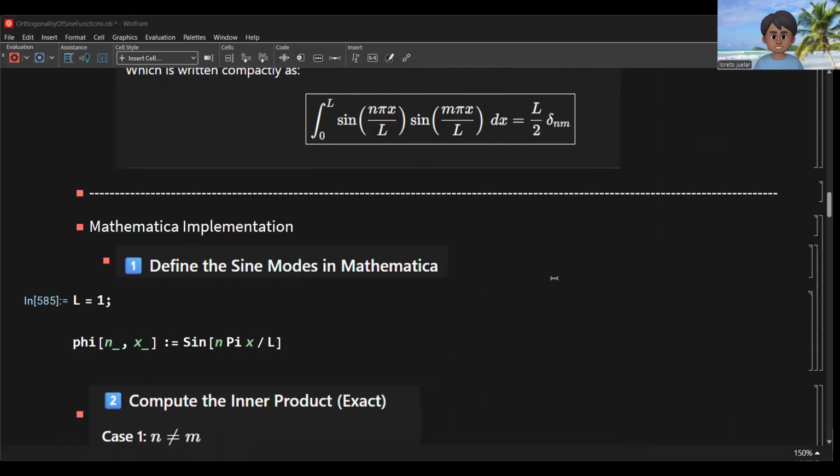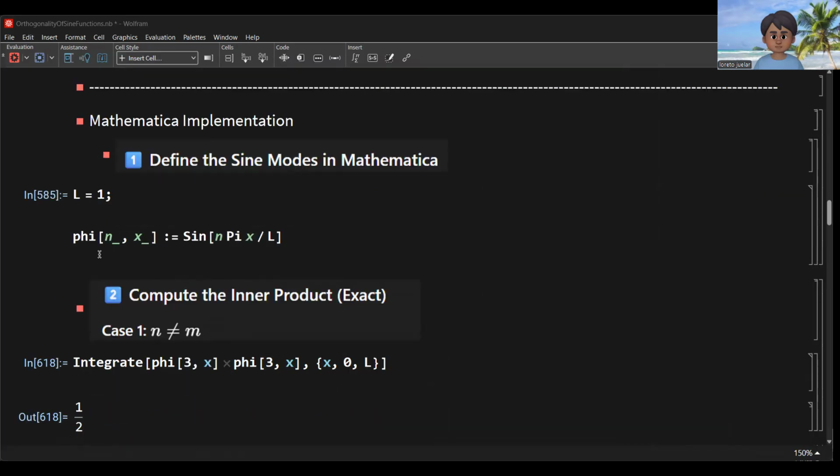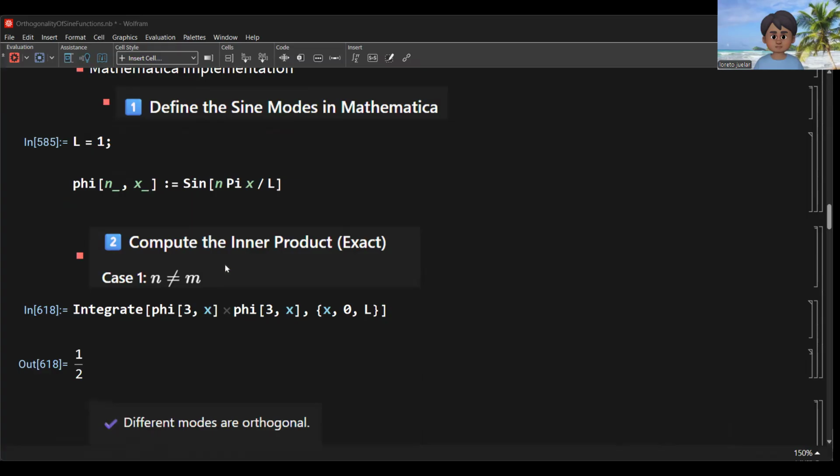So we have the mathematical implementation here. Define the sine modes: psi n of x equal to sine n pi x over L. So we have the plot of the sine function here. For n not equal to m, that is equal to 0.